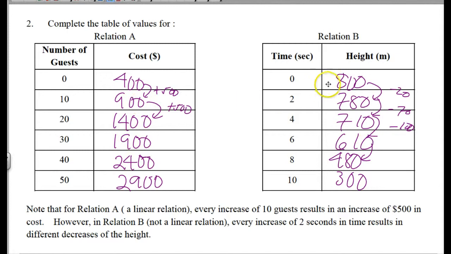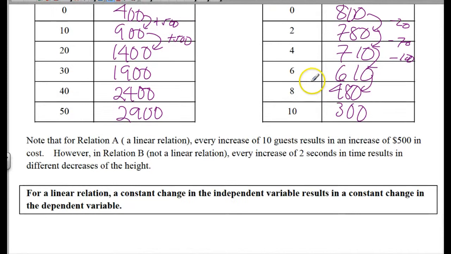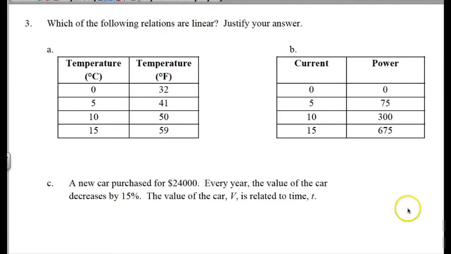So this is not linear, or the fancy way of saying that is non-linear. For a linear relation, a constant change in the independent variable, that's our x value, or t, results in a constant change in the dependent variable. For every 10 change in this, there was a 500 change in that.